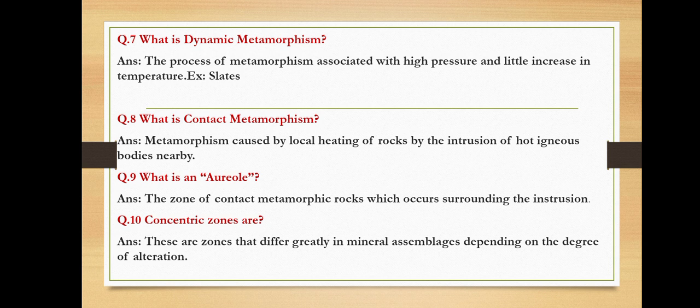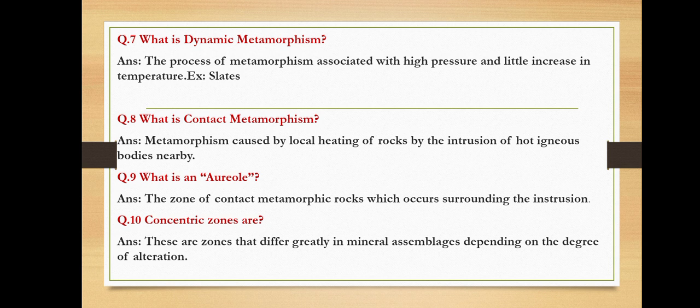So that means the contact metamorphism will be higher, or the changes in the rocks will be higher, in the zone where the magma body is coming in contact with the adjacent rock directly, and it will decrease outwardly. That zone from highly changed rocks to less changed rock is called aureole.